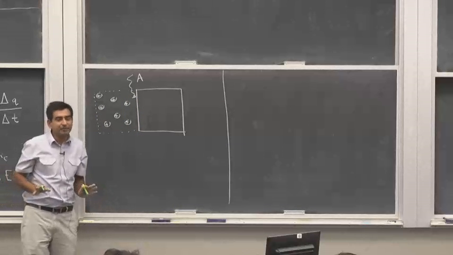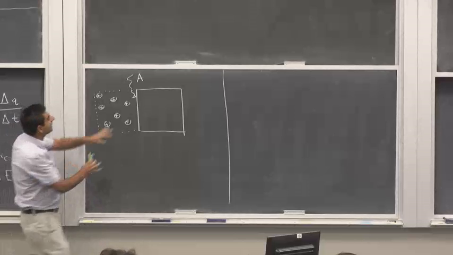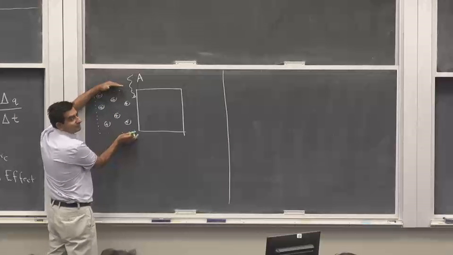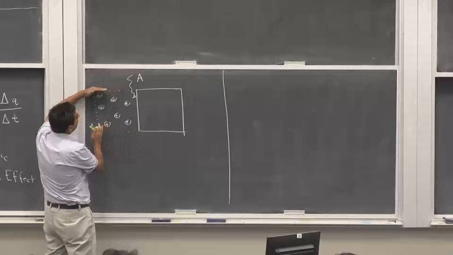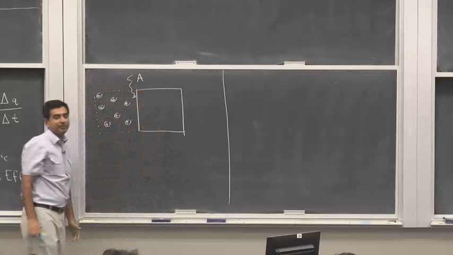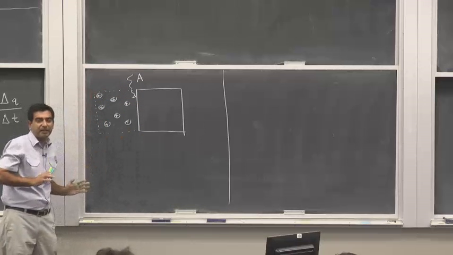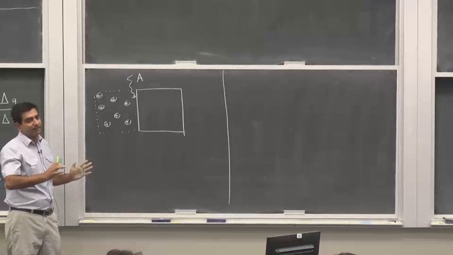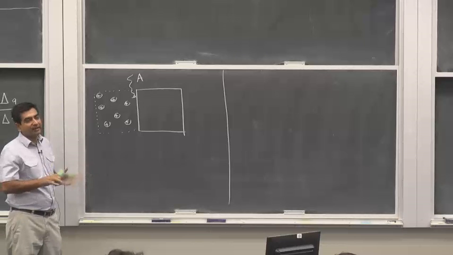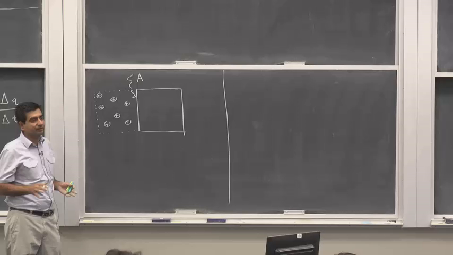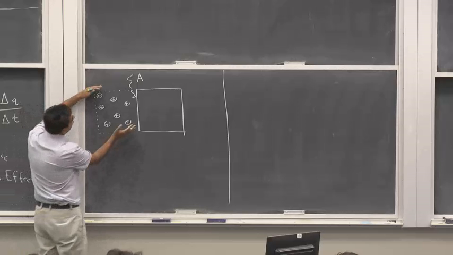So what's going to happen is that this entire volume is going to drain into this volume per unit time. I need to find out what this volume is, and I multiply that volume by the number of charge carriers per unit volume. I get the number of charges, right? So what's the volume of this cube?